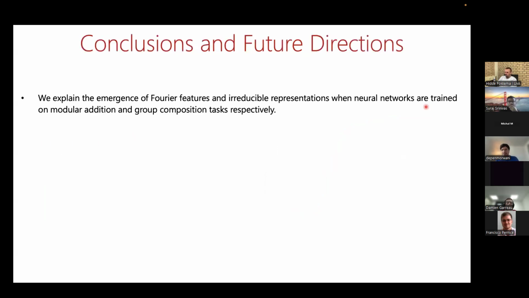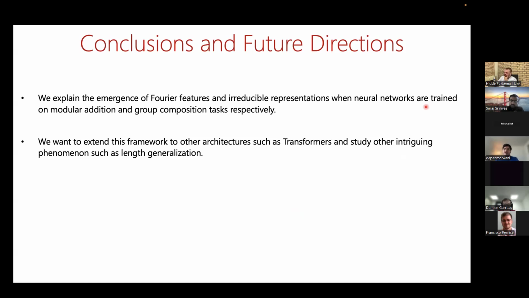In this work, we explained the emergence of Fourier features and irreducible representations that previous works had seen when neural nets are trained on these tasks. We provide an explanation for those by using the max margin perspective. I really think we can extend some of these things to transformers and study other intriguing phenomena such as length generalization.